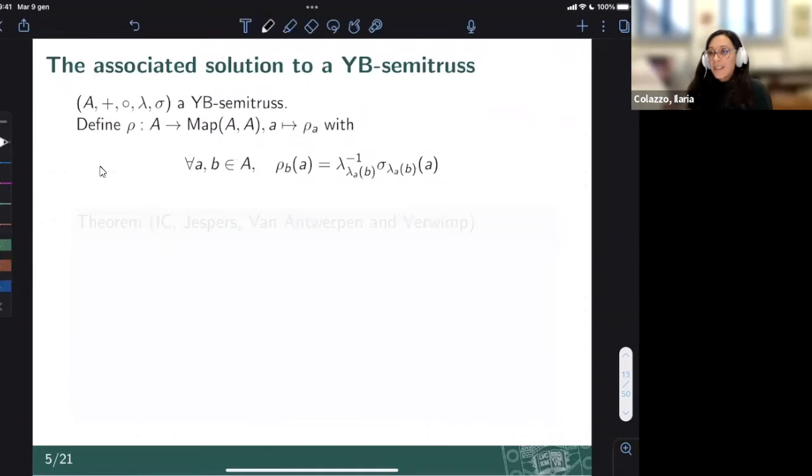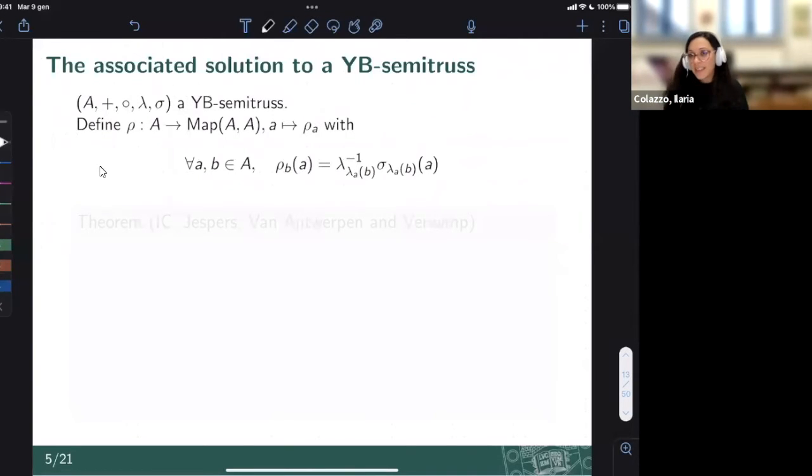Let me just say that this is not such a crazy definition as it can seem, because if we think about the connection between the two components in an involutive left non-degenerate solution, then the rho map is just lambda inverse lambda A of B of A, where this sigma map somehow seems to be like the identity.